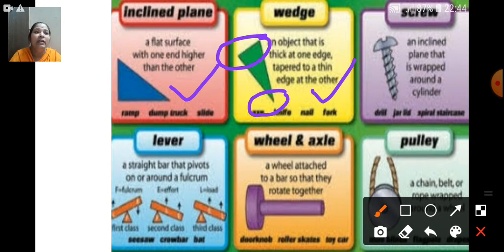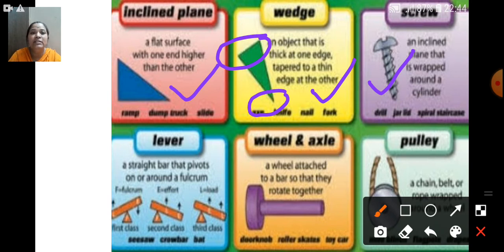Screw, an inclined plane that is wrapped around a cylinder. See here, this is a screw and the threads in the screw are what? They are nothing but inclined planes. So what is a screw? An inclined plane that is wrapped around a cylinder.